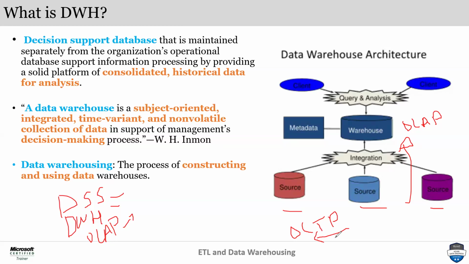Ultimately the goal of a data warehouse developer is to construct a data warehouse, an OLAP format, or a DSS based on the data of OLTP. That's about data warehousing.